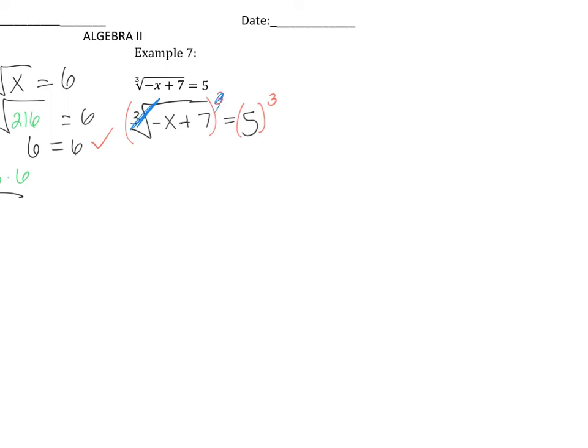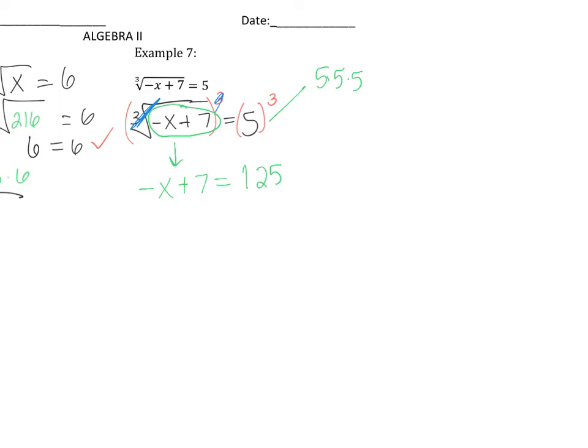My exponent 3 goes away, and I am left with whatever is left inside, okay? So I know that negative x plus 7 equals, this is 5 times 5 times 5, which I know is 125, okay? And now we just have a two-step equation here.